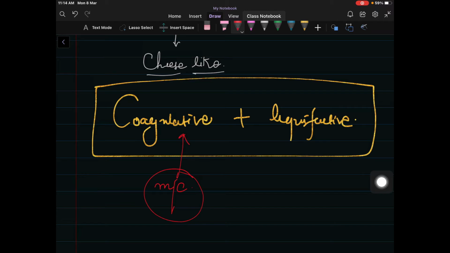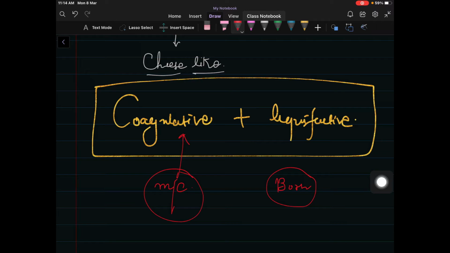And if both are given in one option, you are going to choose both, that is coagulative and liquefactive necrosis. So remember, caseous necrosis is the clubbing of the coagulative and the liquefactive.